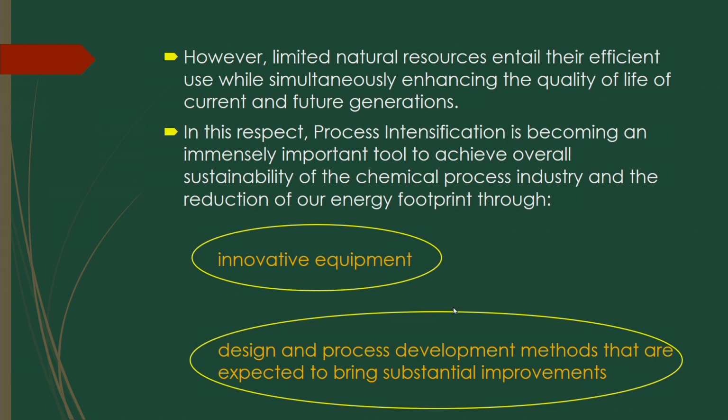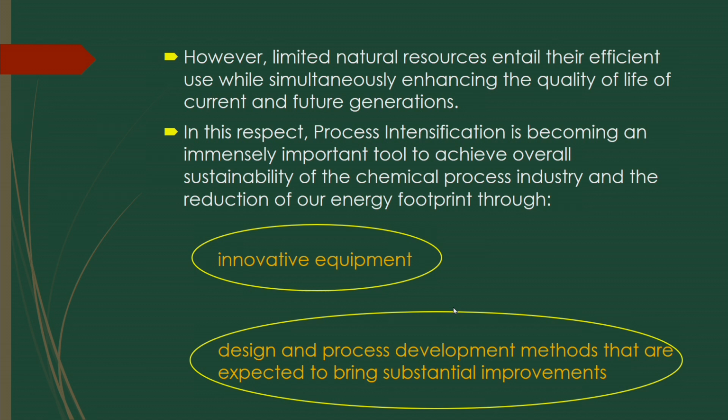So, that is why the challenge of sustainable growth is here, to fulfill the demand of the society in our populated domain. However, limited natural resources entail their efficient use, while simultaneously enhancing the quality of life of current and future generations. We are of course concerned that we have to give that quality of life to our future generations.